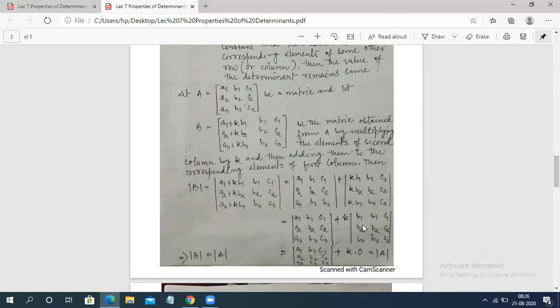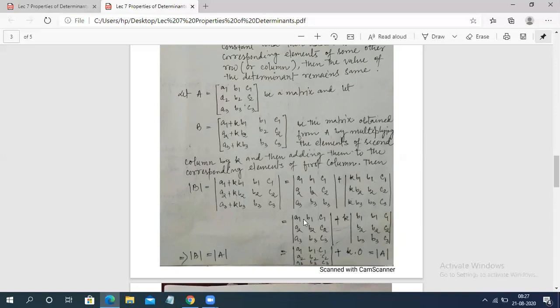And again, with the property we have already discussed, if any two rows or columns are identical, then its determinant value will be equal to 0. So here C1 and C2 are identical: B1 B1, B2 B2, B3 B3. So these two columns are identical, so its determinant value is 0.